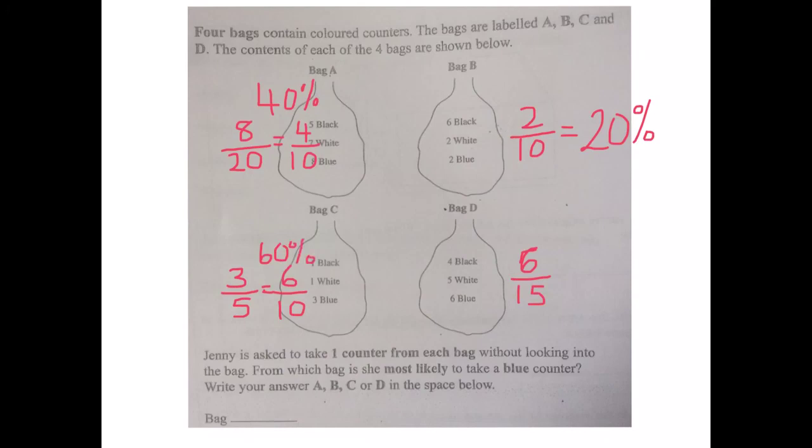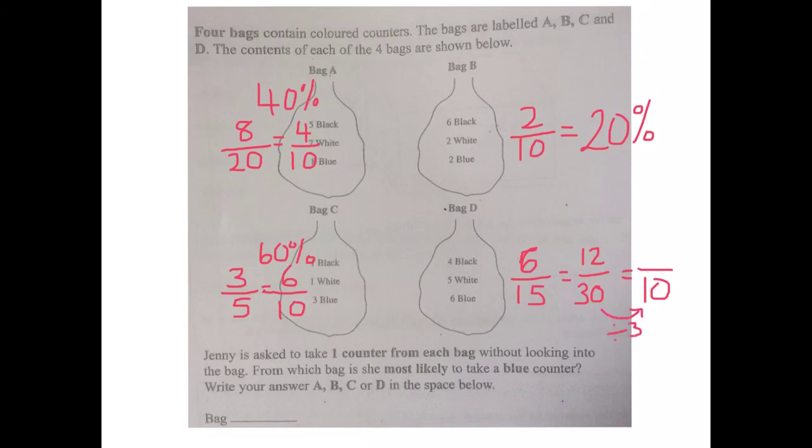And bag D is tricky. First, let's turn it into 30ths. So if we double the bottom to get 30, we double the top, because we need to do the same to the top and the bottom, we get 12. Now it's in 30ths, we can put it back into tenths, the same as the others. So I divide the 30 by 3 to get down to 10.